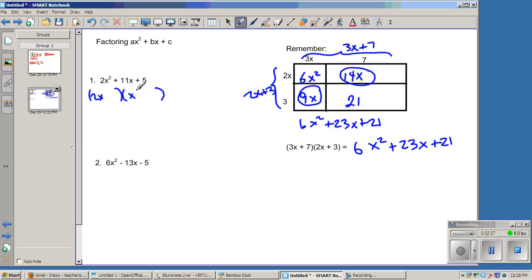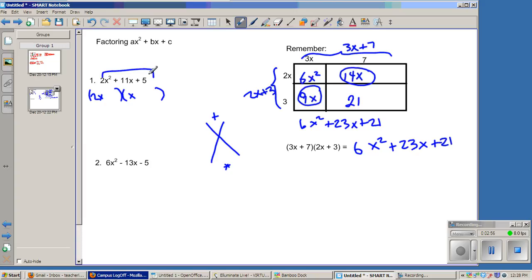Some people would just use trial and error to figure that out, which is fine. If you don't want to use trial and error, you can draw, I usually draw an X here, and I put the product number down in this spot and the sum number in this spot. To get the product number, I take the first times the last.